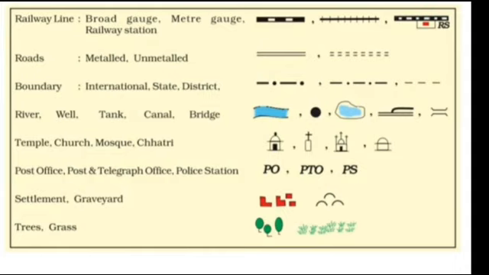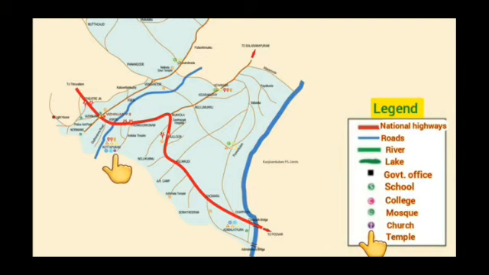But you don't need to worry, because on the map you can find the key of the map, or map legend. What is this map legend? The map legend is a table of symbols printed on a map to give a better understanding or interpretation of it. With the help of this table, you can easily find out about a particular symbol and what it represents.